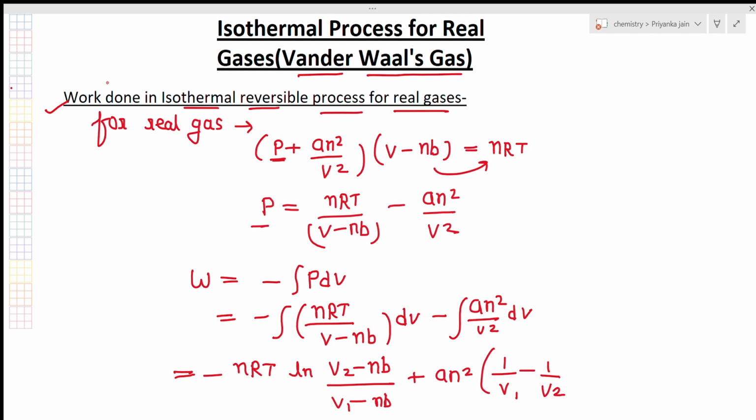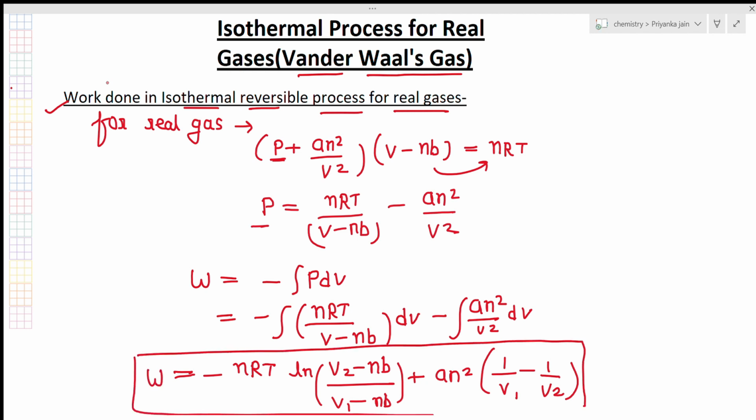We are doing the integration of 1/V², so we are getting 1/V1 − 1/V2. So this is the equation that you have to use for the work done. Just put in the values and you can find the work done.